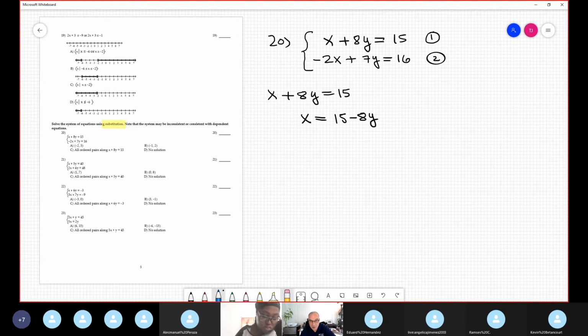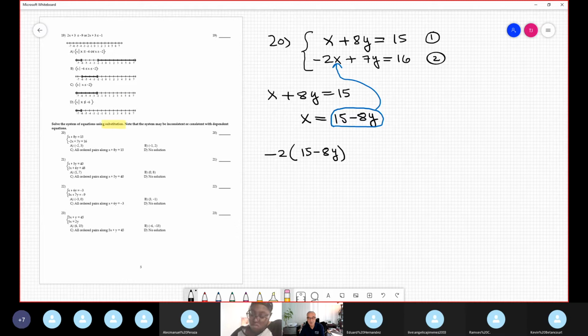And this expression now, I substitute in the second equation, and the x plane here, over there. So I have -2 parentheses 15 minus 4y, just replacing x with this expression, 15 minus 4y, plus 7y equal 16. Now apply the distributive property. It's -30 plus 8y.